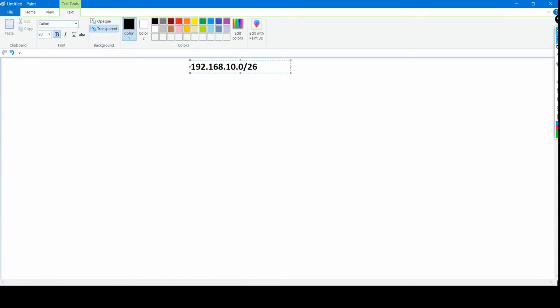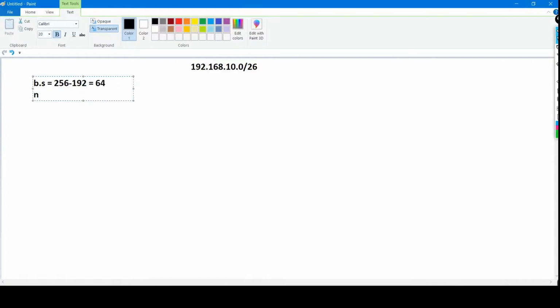So what will be the block size now? 256 minus 192. It will be what, guys? 64.